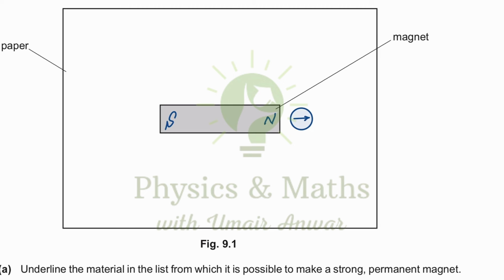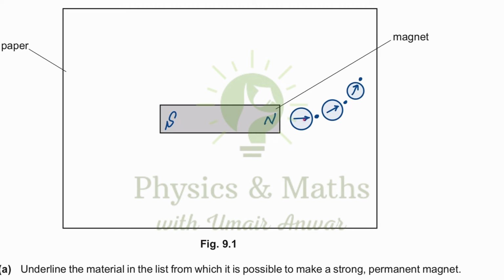Now the direction in which the compass is pointing, a dot would be made, and then the compass would be placed again such that the tail of the magnetic compass needle is aligned with the dot, and the direction in which the arrow is pointing, another dot would be made. And then again, the compass would be used, aligning the tail of the arrow with the dot, and the direction in which the arrow is pointing, a dot would be made.